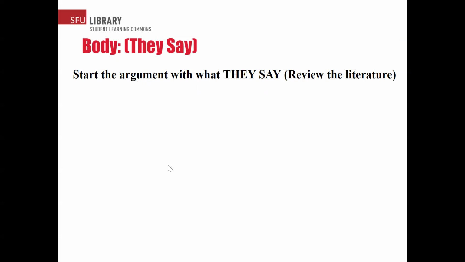This is sometimes called a literature review. So in this section, you bring other people's views into the paper. You want to show what other scholars, other educators are saying about the topic. And that's why we call this position they say. So you use techniques like paraphrasing, summarizing, or direct quotation to refer to what other researchers are saying about the topic.